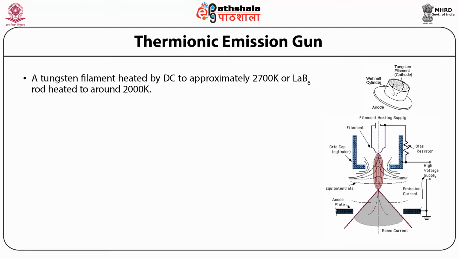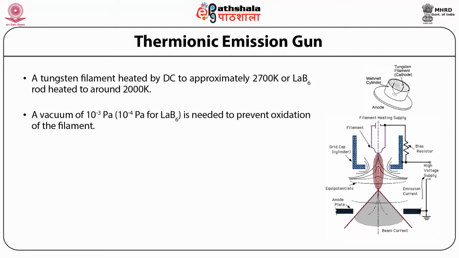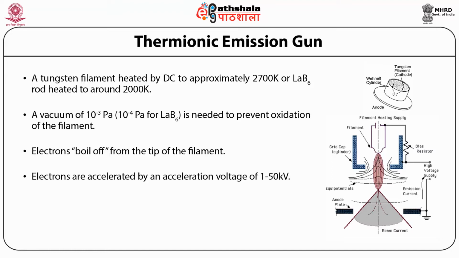Now all these things are placed in a vacuum of 10 to the power minus 3 Pascal, or 10 to the power minus 4 Pascal for LaB6, which is needed to prevent the oxidation of the filament. So electrons boil off from the tip of the filament, and these electrons are accelerated by an acceleration voltage of around 1 to 50 kilovolts.